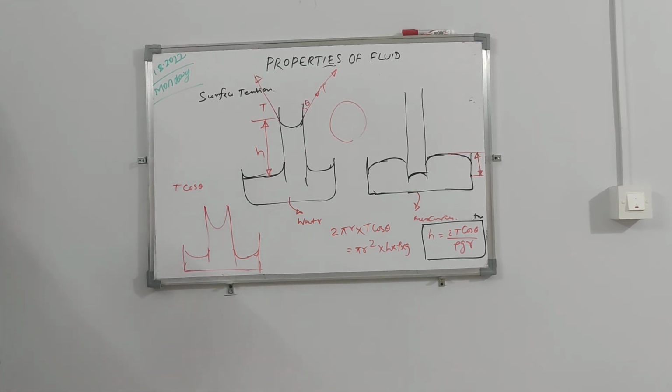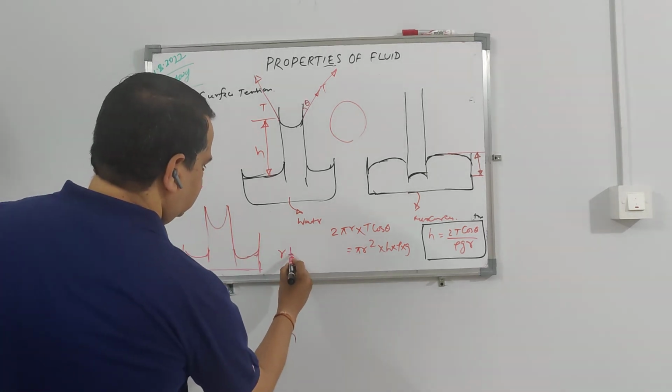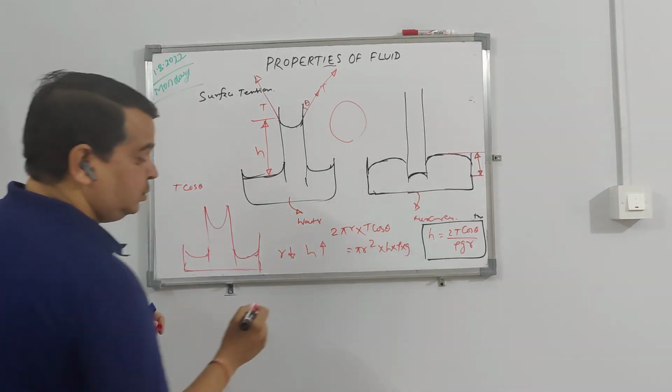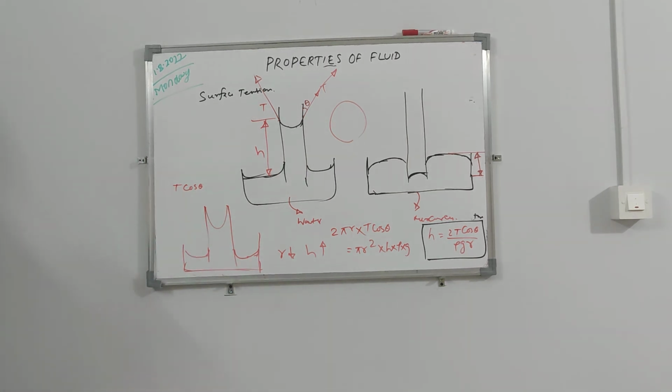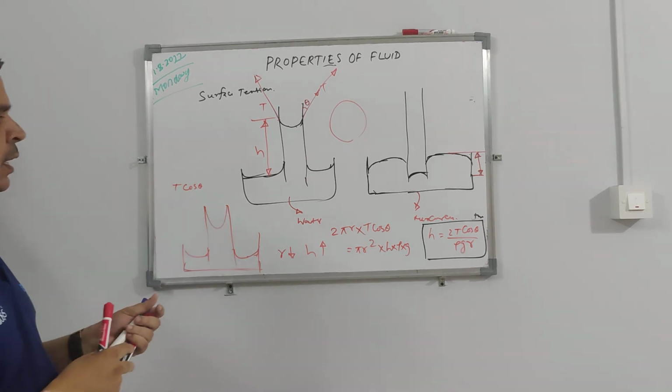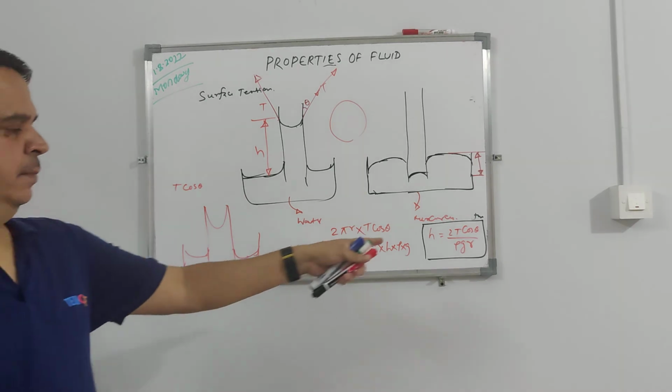So what do you understand by that? If r is less, your capillary rise is high. So with a very small diameter tube, your capillary rise will be very high. It also depends on theta.